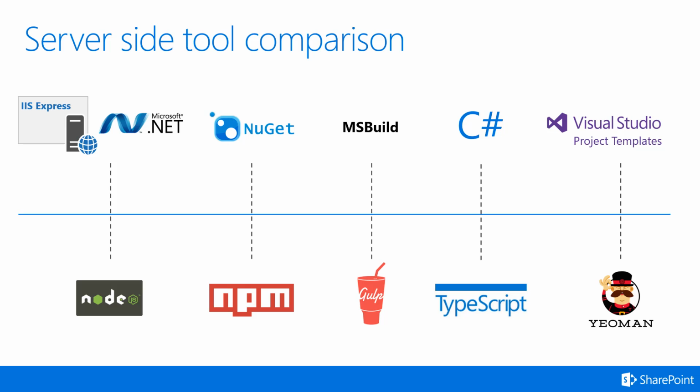It's almost the same as MSBuild if you're familiar with Microsoft tooling. TypeScript's history comes more from the C# side, and the creators of TypeScript are pretty much the same as the creators of C#. TypeScript is pretty close to C# development.